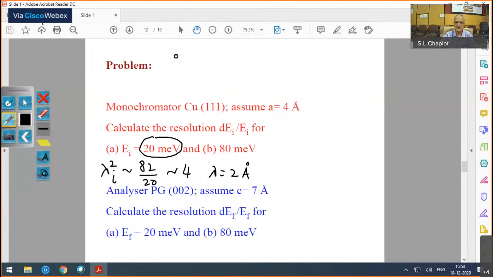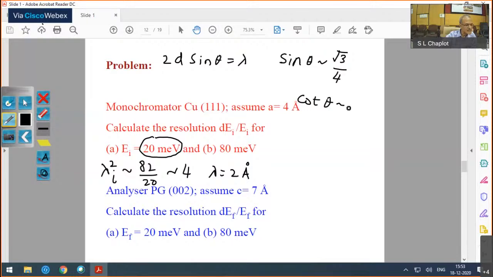If I do lambda of 2 angstrom, then using the same relation for my Bragg angle, my sine theta would be double what I had earlier. Sine theta would then be, instead of root 3 by 8, root 3 by 4 now. And the corresponding Bragg angle would now also be double, close to that. The corresponding cot theta would now be halved compared to what we had earlier.